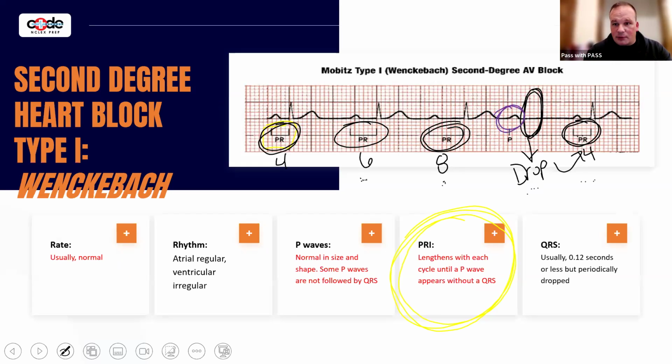And here's that example. I have a P wave, I have a P wave, and I have 1 QRS complex. So just because you see more than 1 P wave doesn't mean it's this type of rhythm. It just means it is a heart block. Now we have to look at the PR interval to determine what type of heart block it is.